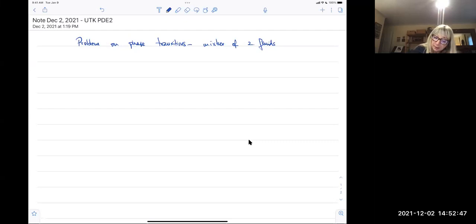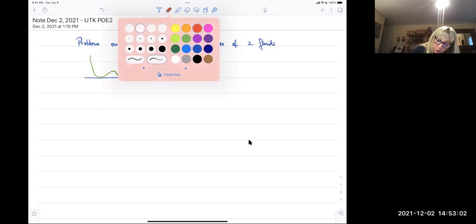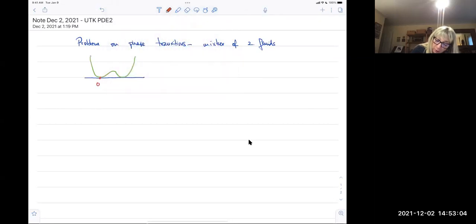Basically, in the background you have a double well potential, which looks like this. I said I'm going to put the zeros at, say, 0 and 1.